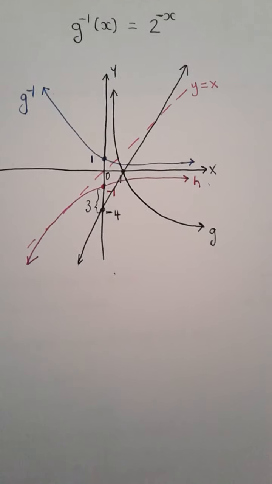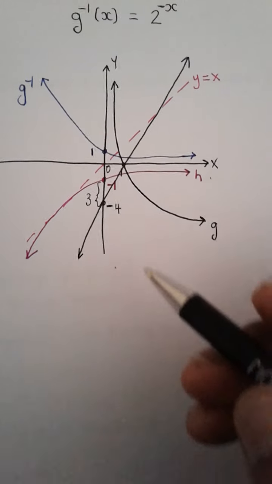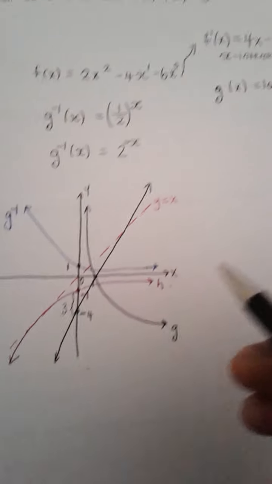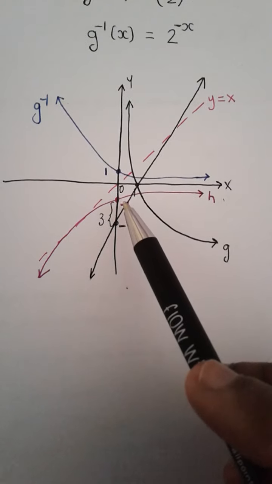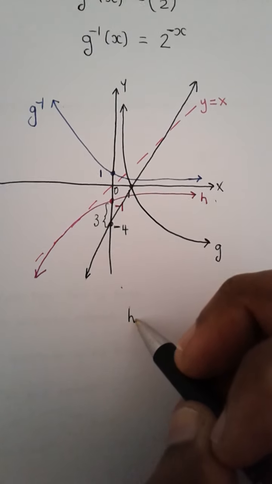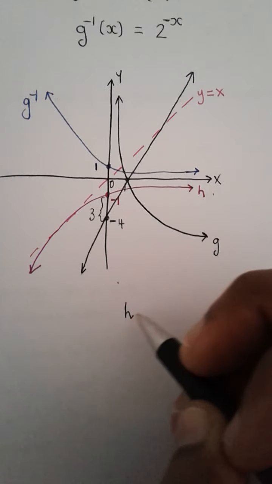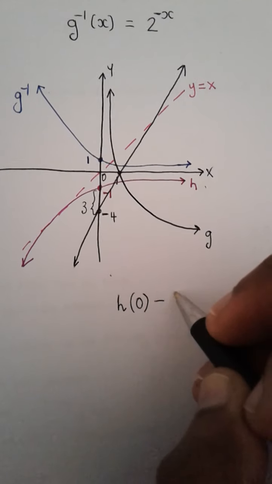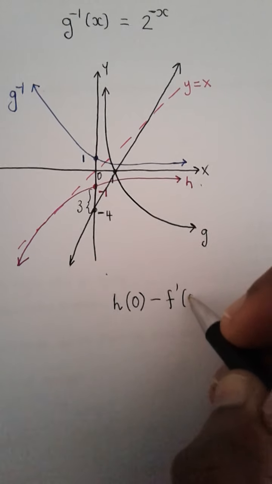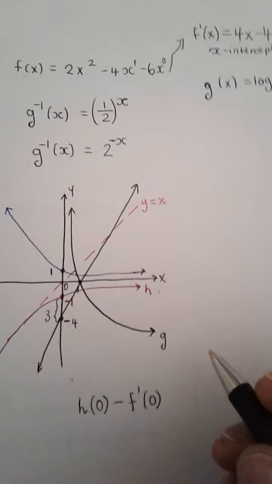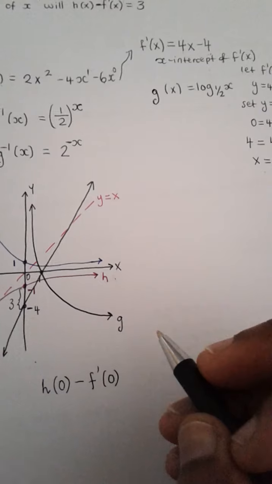This question was kind of mean, but anyway, the x value where that condition is met is x equals 0. In equation form, we're talking about h of 0 minus f prime of 0.